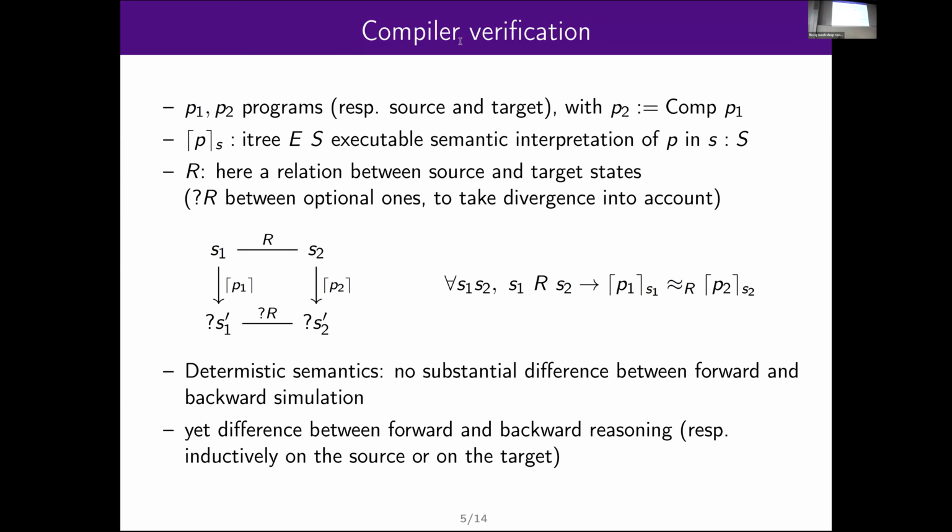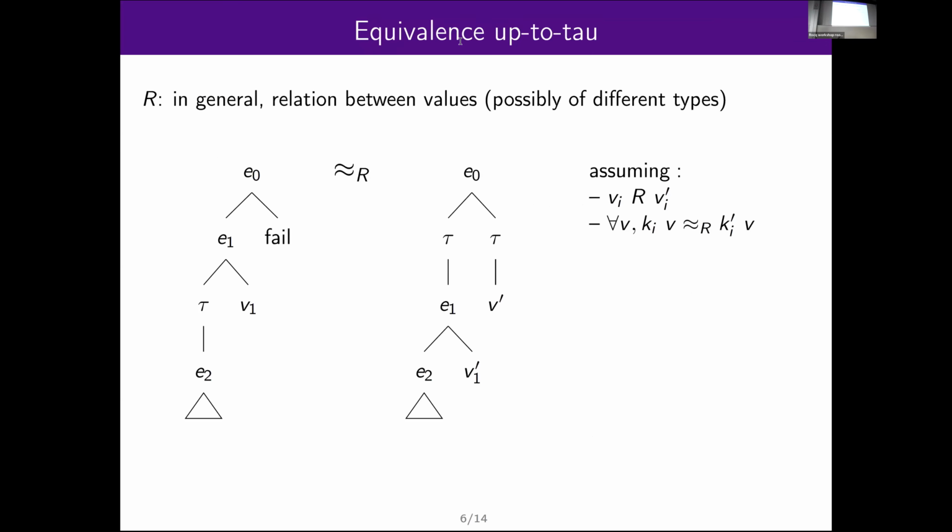Since we are working with deterministic semantics, there's no great value added in distinguishing between forward and backward simulation. Still, there's a difference between forward and backward reasoning, in the sense that you can make your proofs by induction on the source or on the target. We do it on the source.